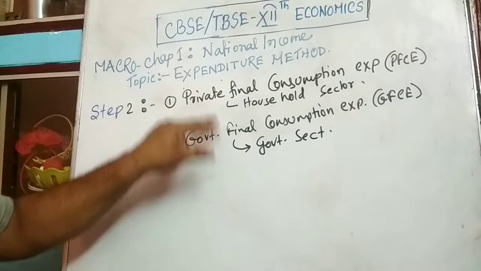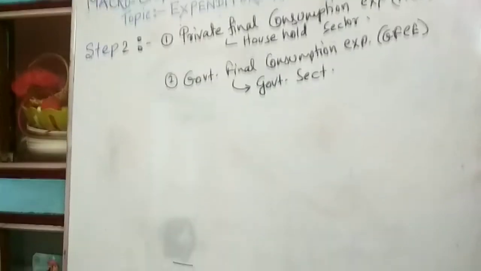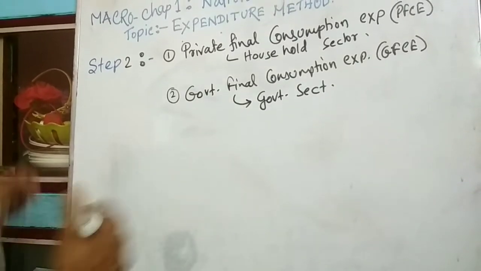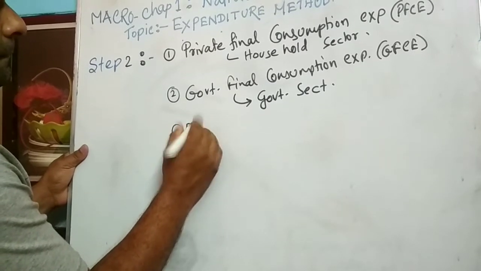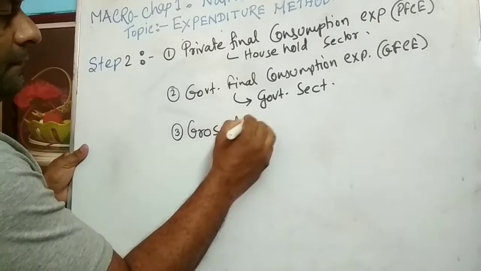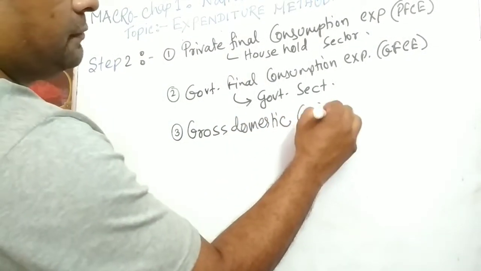Okay, so household sector, government sector over. Third one is gross domestic capital formation.